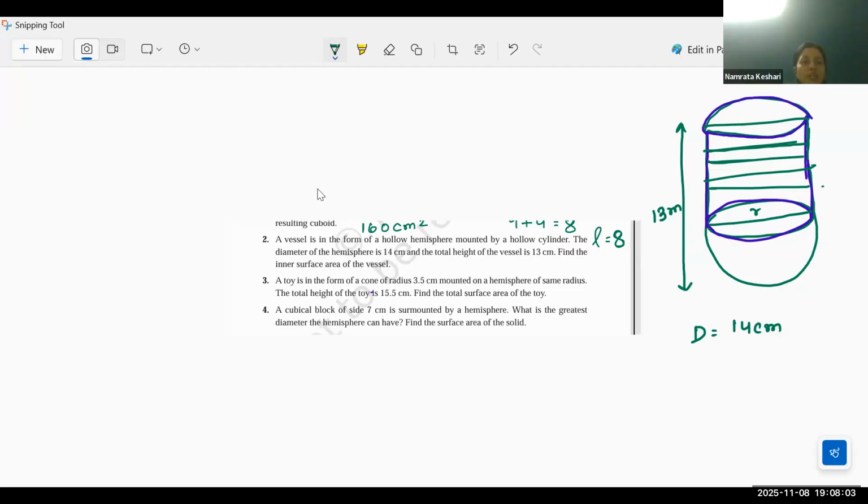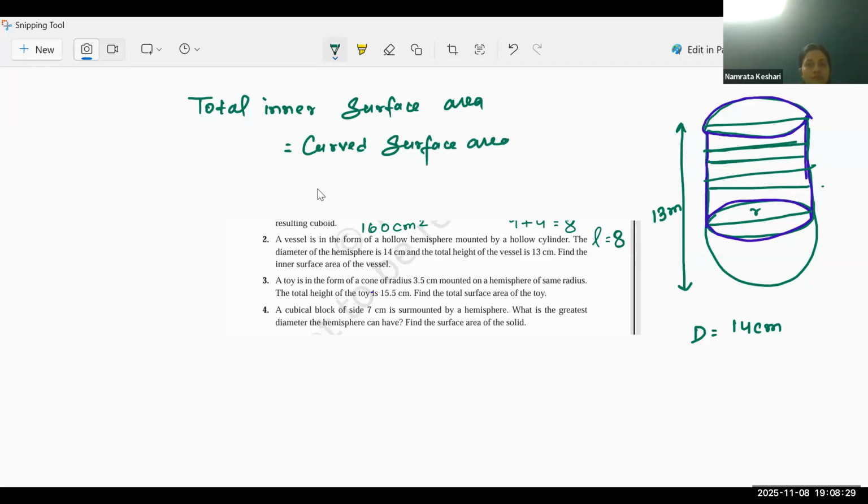So the total inner surface area is nothing but the curved surface area of the cylinder plus the curved surface area of the hemisphere. Making sense?